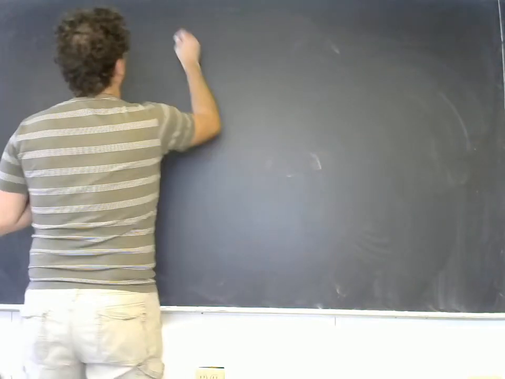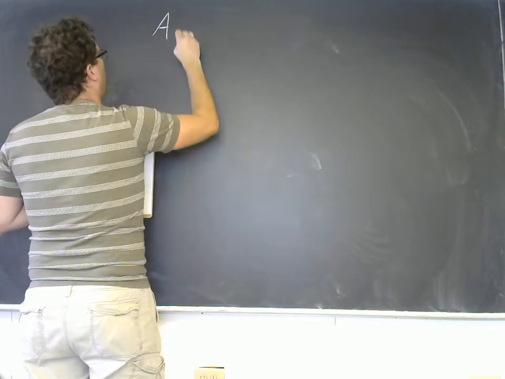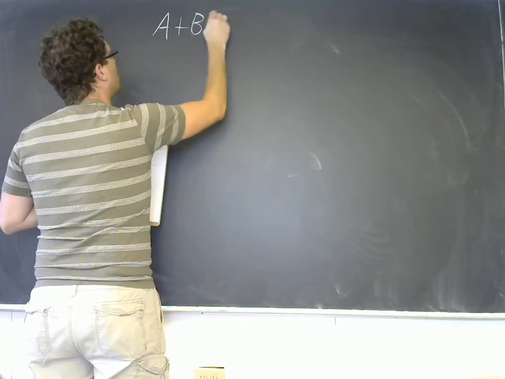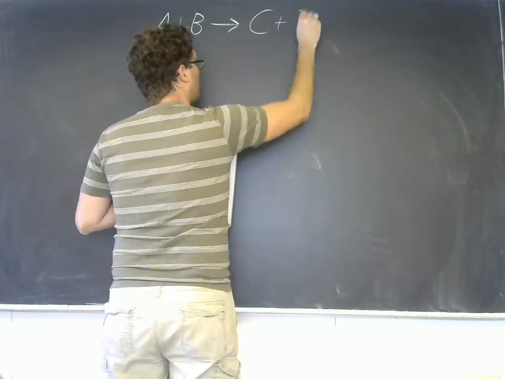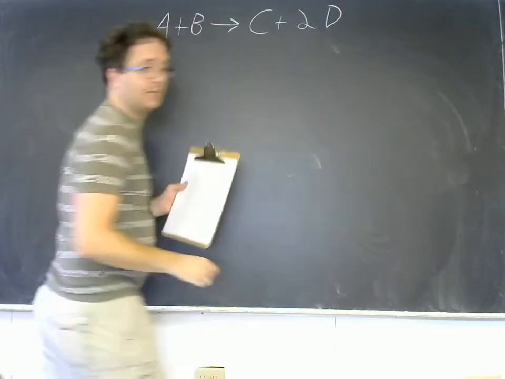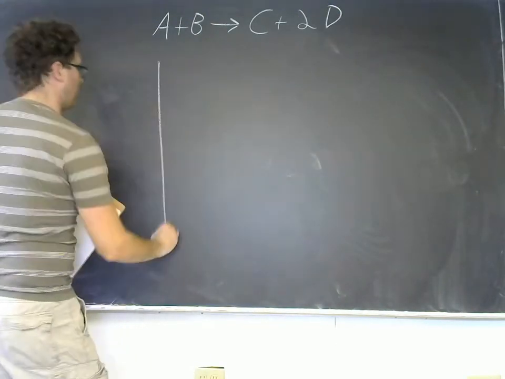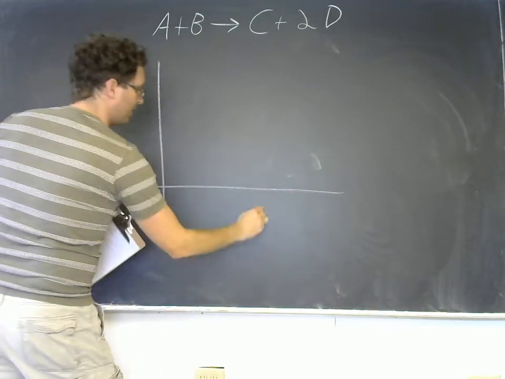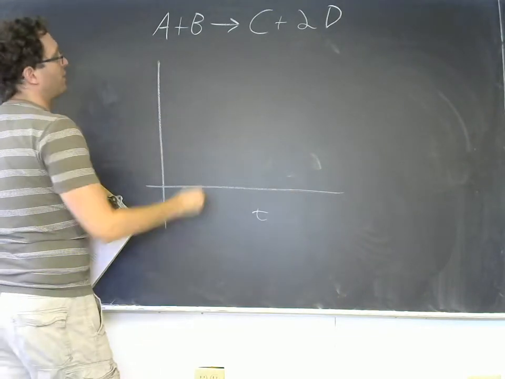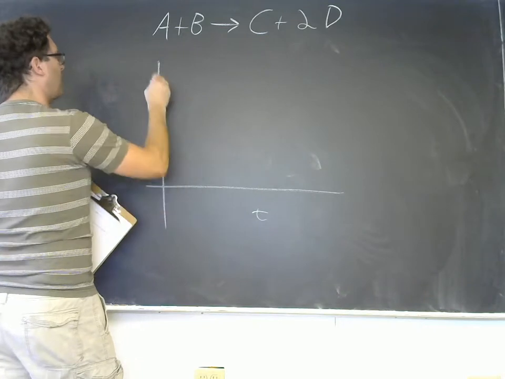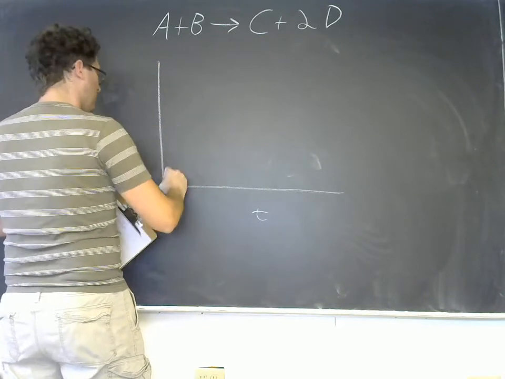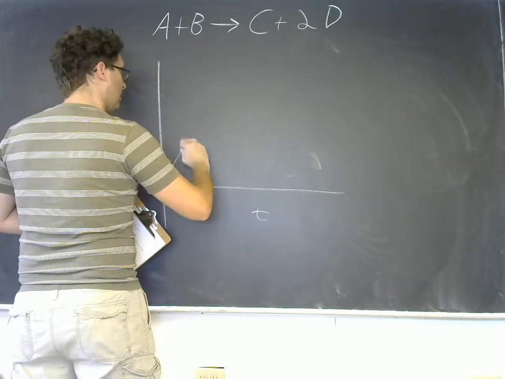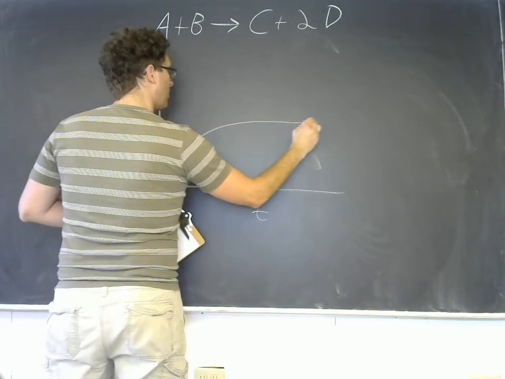So let's suppose I have a reaction that A plus B goes to C plus 2D. If I were to graph this over time, and I wanted to graph the concentration of C, well then the concentration of C would look something like this.